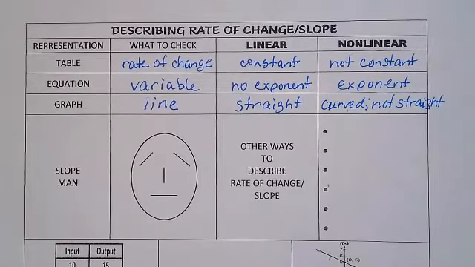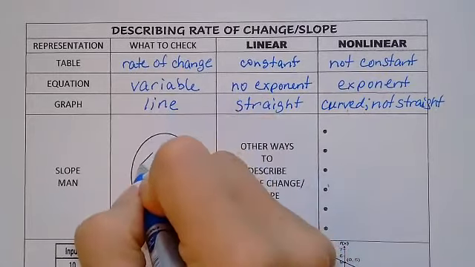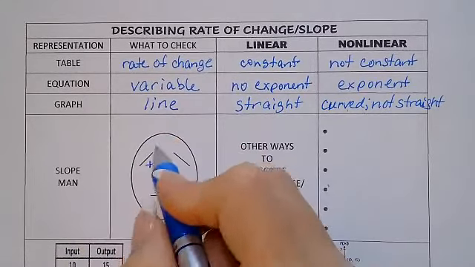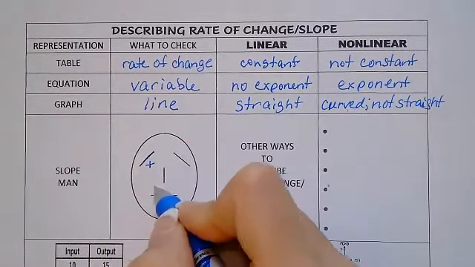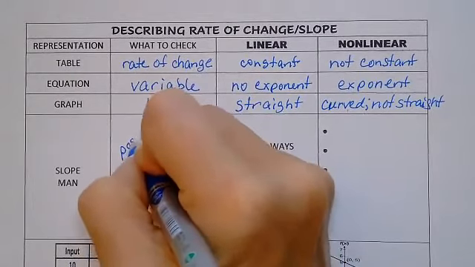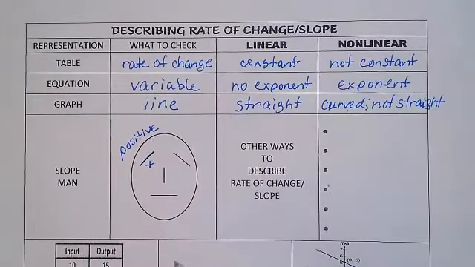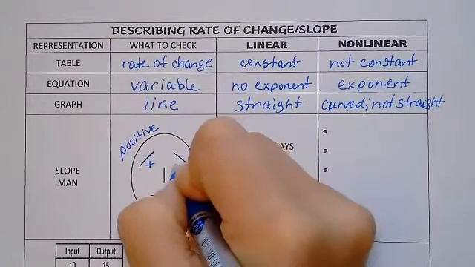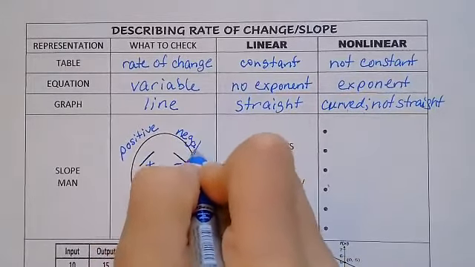Okay, there's other ways that you can describe slope, and that's using SlopeMan. So we're going to fill this in. Underneath this little eyebrow, we're going to put a plus sign, because if the line is going in this direction, it is called a positive slope. If the graph of the line is going in this direction, then it's a negative slope.